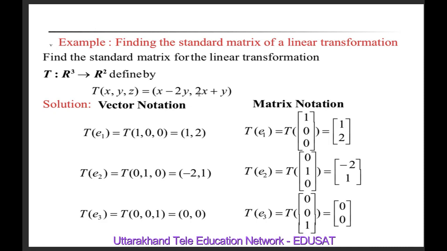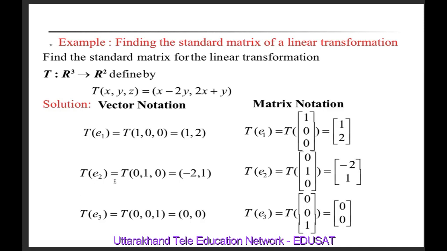For the second, 2x plus y means 2 into 1 plus 0, which is 2. So T(e1) is equal to (1, 2). And in matrix notation we can write T(e1) equal to T(1, 0, 0), this is the basis, and (1, 2) is the resulting vector.